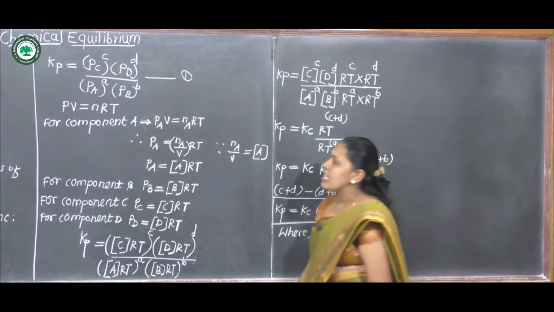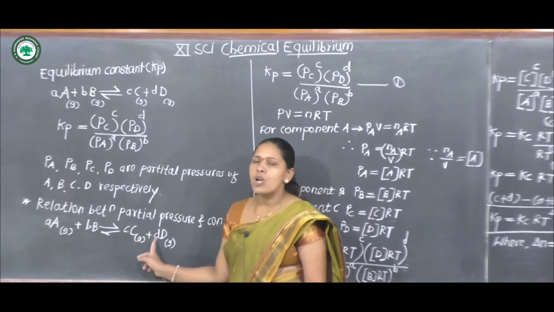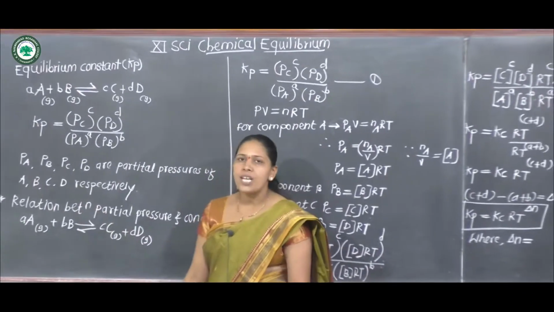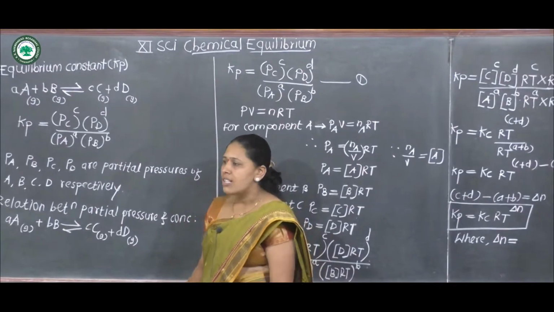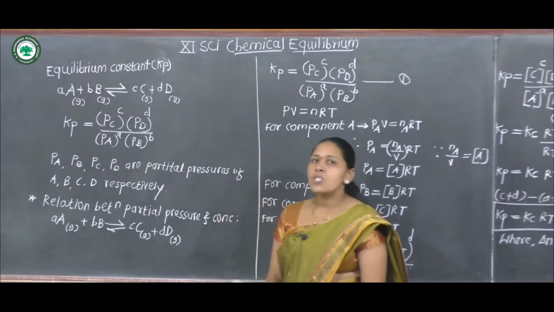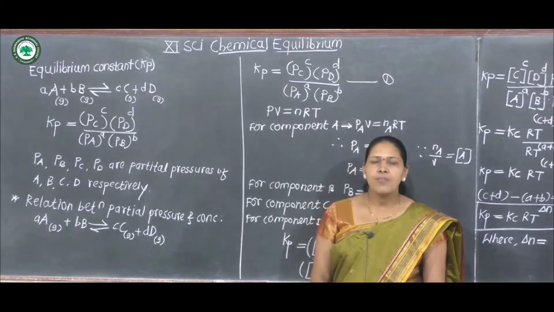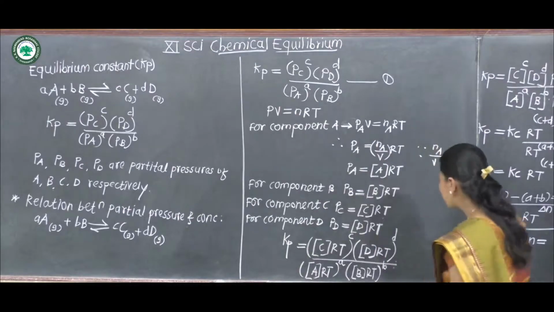We know that in this reversible reaction, small c and small d, small a and small b are stoichiometric coefficients. That is, small c and d are the number of moles of gaseous products, small a and small b are number of moles of gaseous reactants.